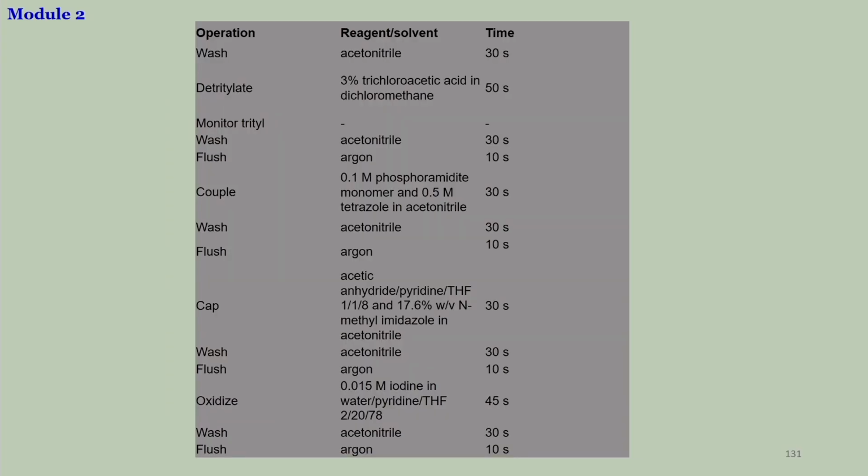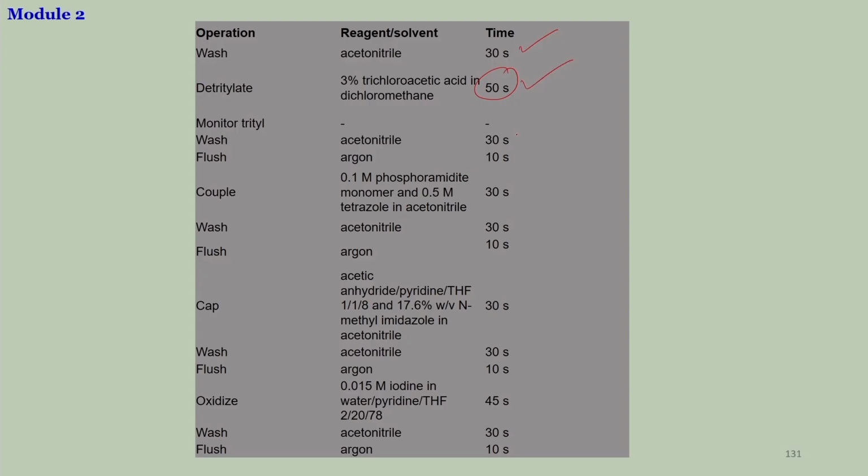So here is the time frame. How much time do you need to complete this? You see, it's really fast, really beautiful, fascinating chemistry, and every step we have washes to remove all the liquids. The first step is washing with acetonitrile, which takes only 30 seconds. Detritylation, the removal of the DMT, takes 50 seconds.